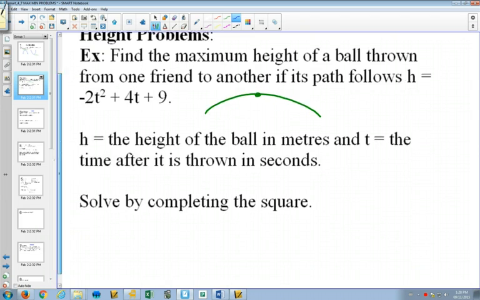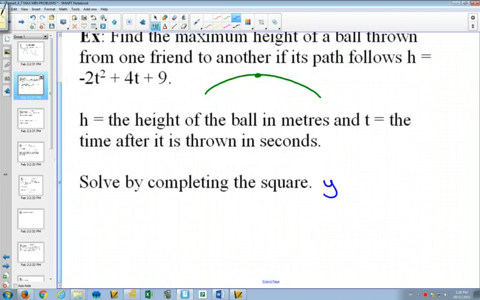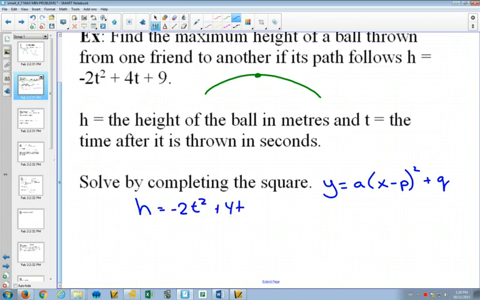Because if we think about our parabola in this form, if it's in this form, you know what the vertex is, because the vertex is p comma q. So we have the equation. Instead of y equals, we have h equals negative 2t squared plus 4t plus 9.